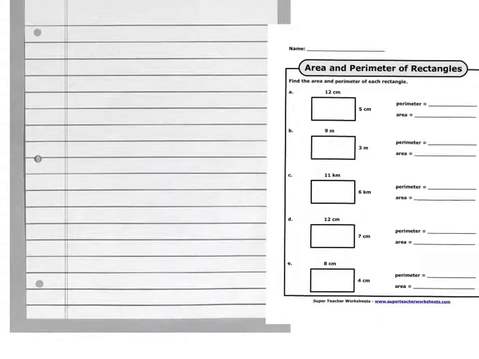All right, here we go. We have 5 practice problems for you to complete. On your paper, notice they're not numbered 1 through 5, but rather they're lettered A through E. So we're going to make sure that you're labeling your paper as you go.